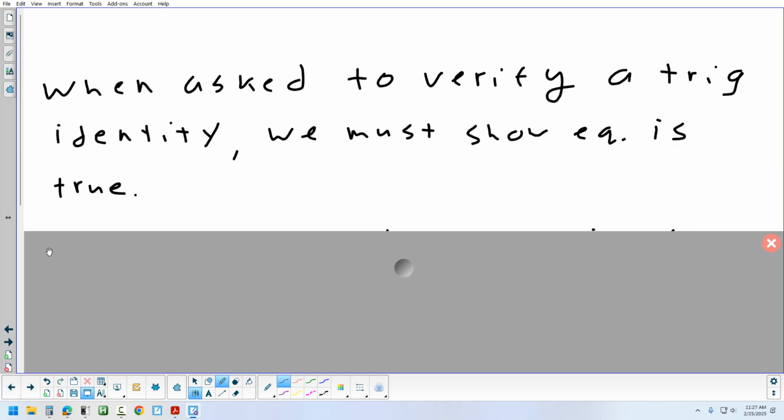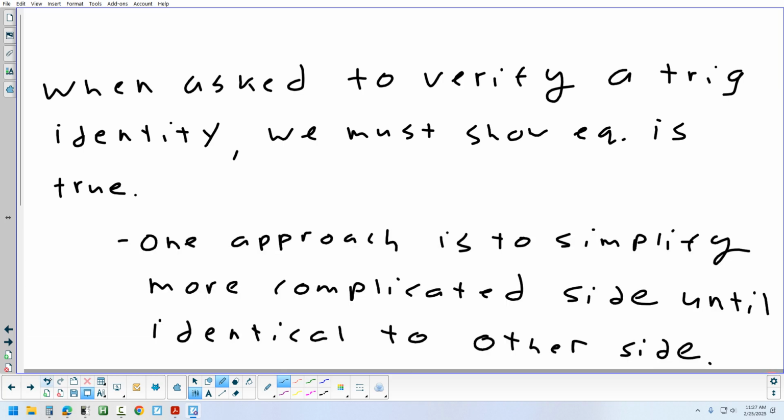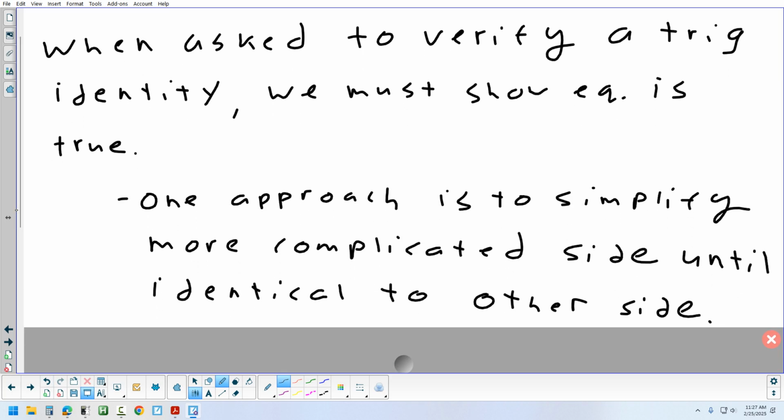So again, with verify, you're trying to show that something is true. You got the start, you got the end, you got to figure out how to get there. So the approach that we're going to use when we have a verify problem is you are always going to start with the more complicated side.